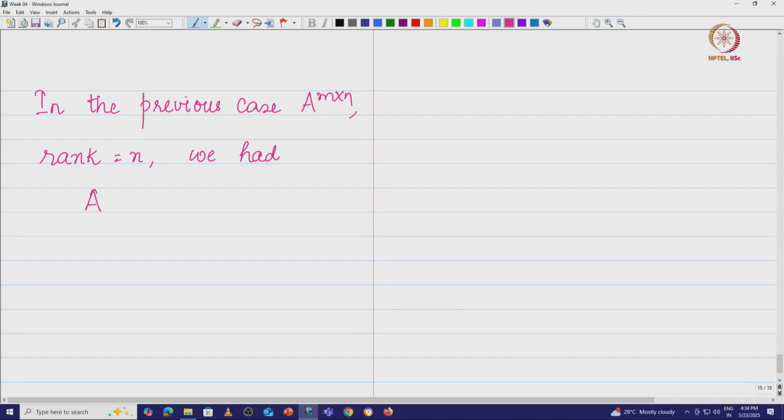If you want, we can recollect that. We will say in the previous case, with A m by n, rank equal to n, we had A into A transpose A the whole inverse, A transpose.